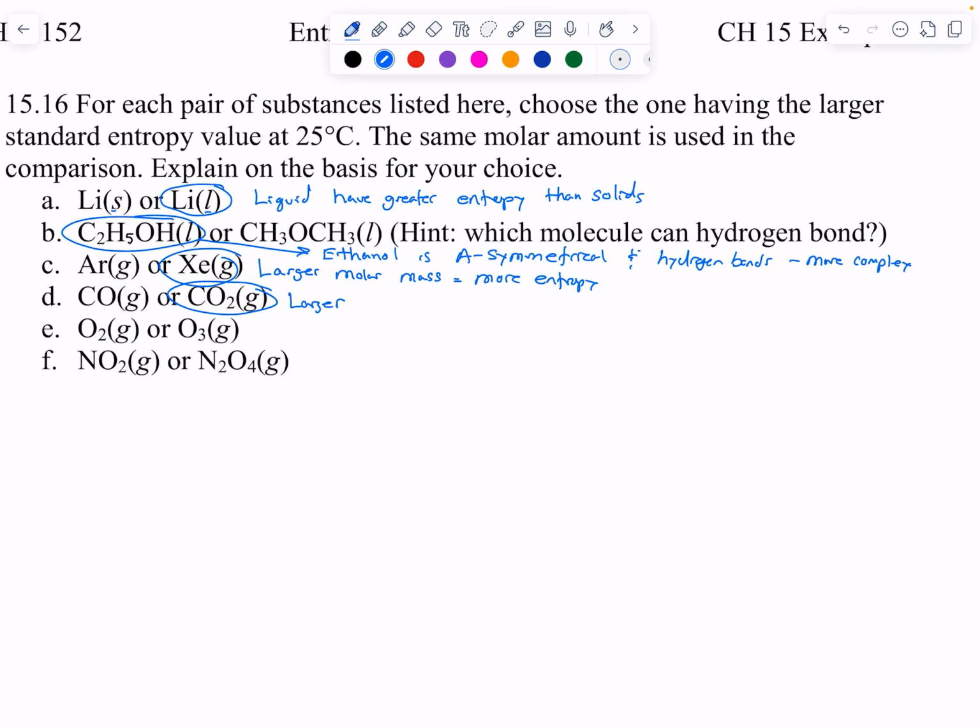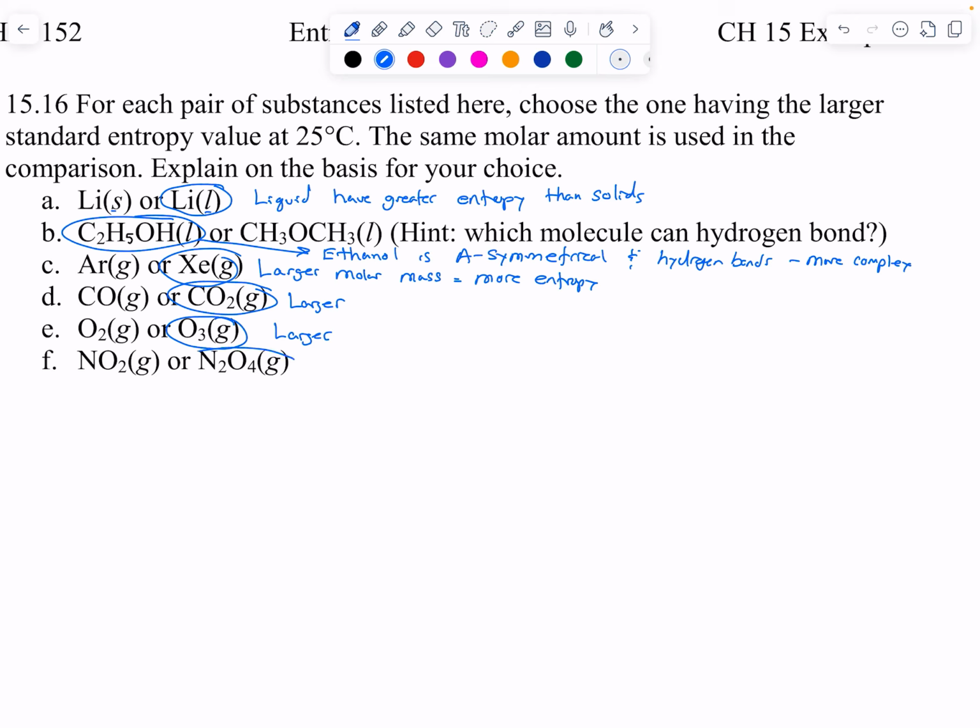O2 and O3, same reason. It's also larger, more bonds, more vibrations, rotations, right? NO2 or N2O4.